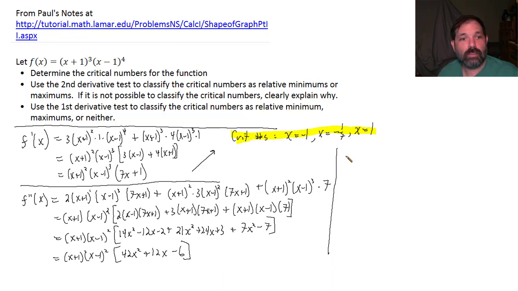So now, let's apply the second derivative test. Applying the second derivative test, f double prime at -1 would be 0. Notice how this first factor, this x plus 1, would become 0 if x was -1. F double prime of -1 is 0. Inconclusive.